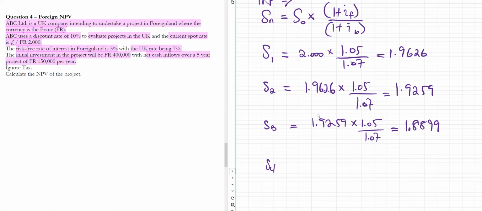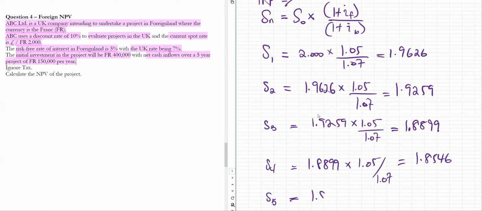You go to year four, the spot rate in year four, that is 1.8899 by 1.05 over 1.07. Okay, so that gives us 1.8546. So we go to year five, which is the last year.